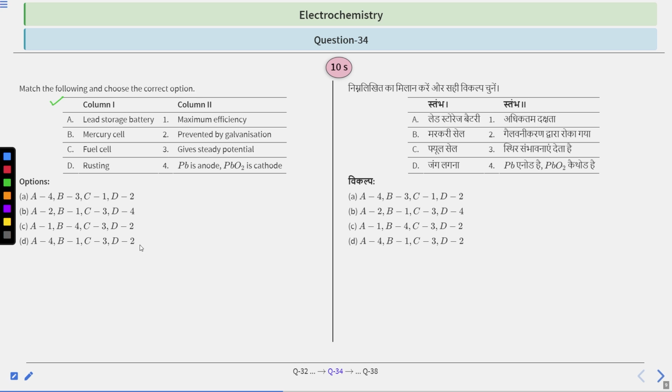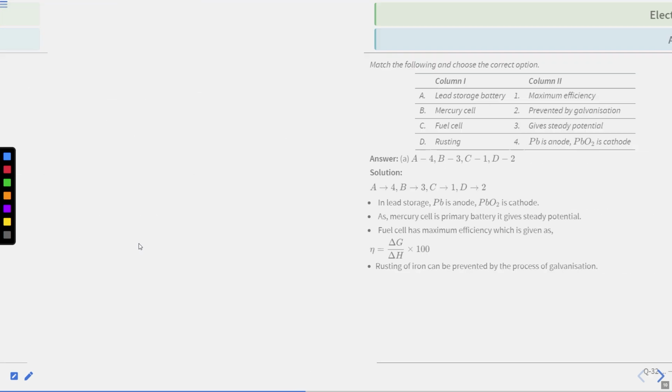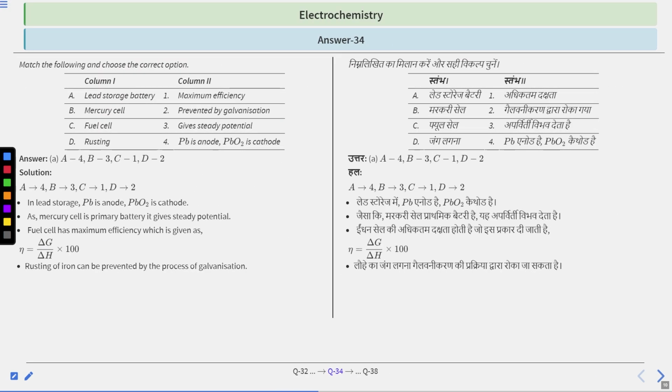After that, we will see the correct answer. Okay, let's see the answer. The correct answer is option A, that is, A is for fourth, B is for third, C is for first, and D is for 2.